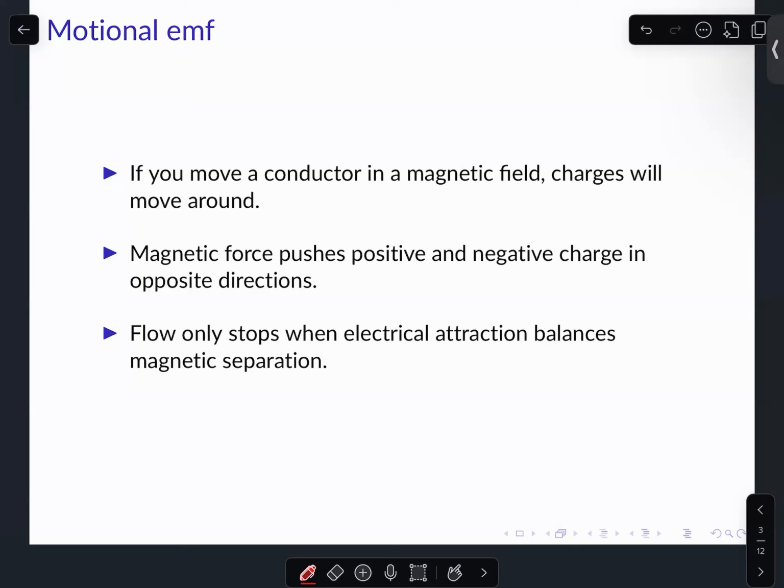That is to say, there is a magnetic force pushing pluses one way and minuses another way, pushing them apart. They will reach the ends of the rod and you'll get a plus side and a minus side of the rod, but they are still electrically attracted to each other. They are magnetically pushed apart, but they are still electrically opposite charges attract. Yeah? All we're going to do is we're going to set those two forces equal to each other.